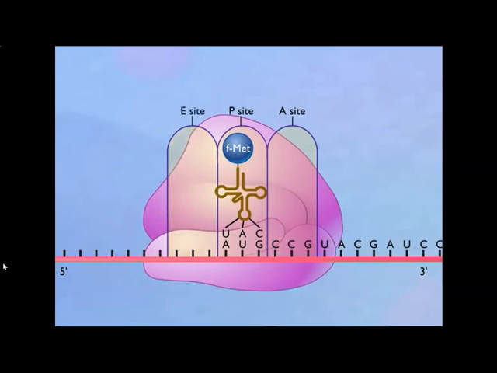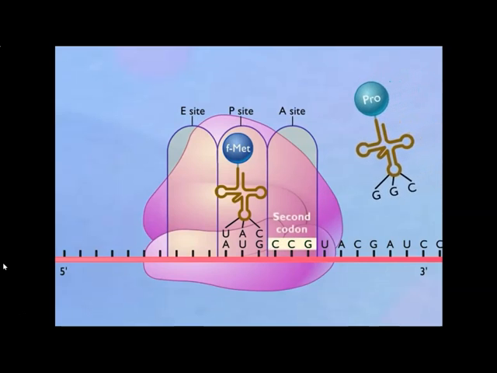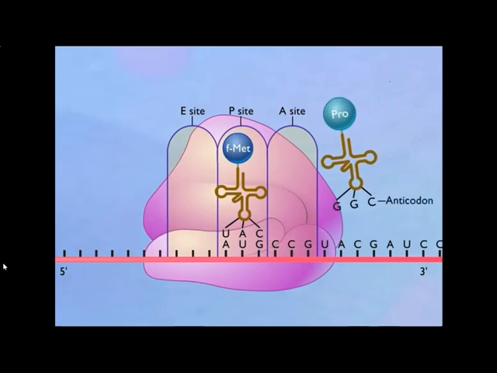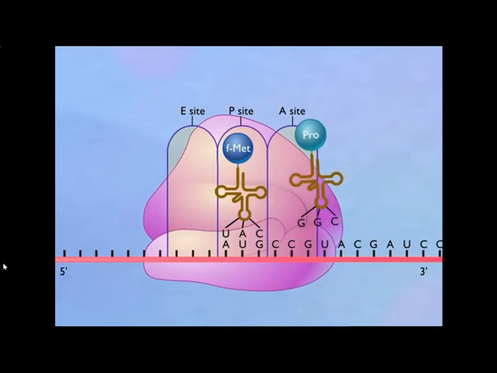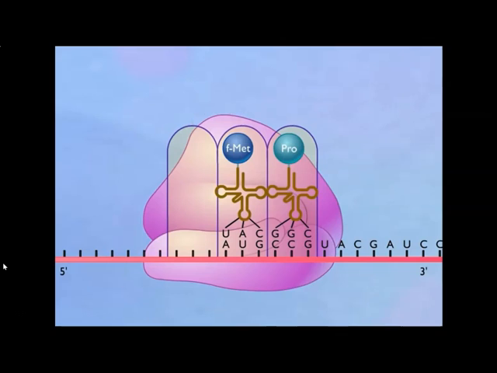The initiating transfer RNA carrying formal methionine binds to the P site. A transfer RNA that recognizes the next codon and carries the 2nd amino acid then moves into the A site. The formal methionine carried by the transfer RNA in the P site is then joined to the amino acid carried by the transfer RNA that just entered the A site by a peptide bond.